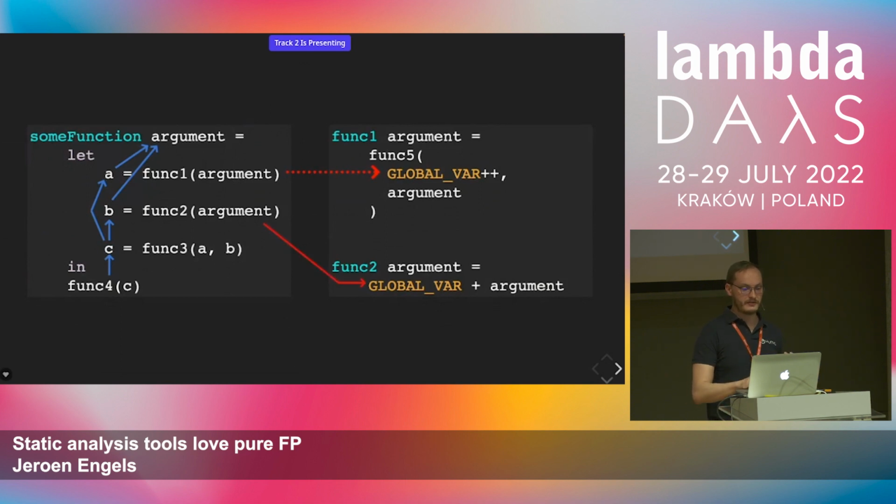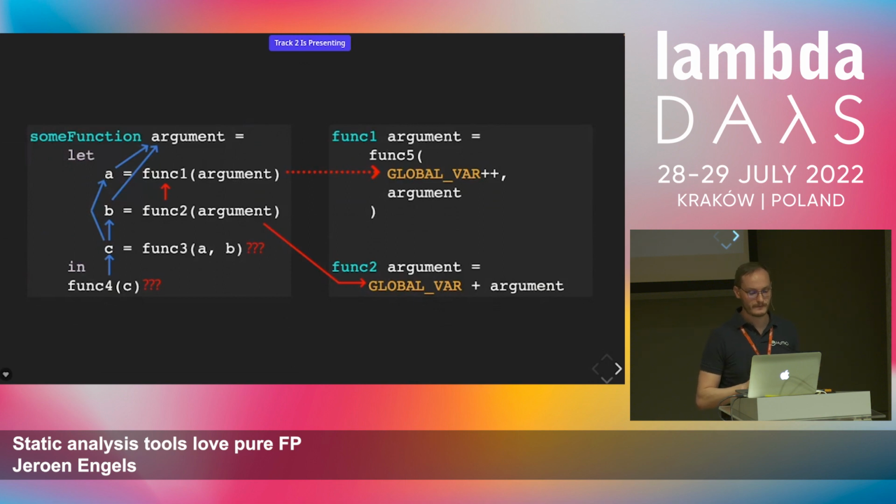And we also see that func2 references that same variable, meaning that the return value of func2 depends on func1 implicitly. And that means that the value of B depends on func1 being called, which is not very explicit. And if we don't look at func3 or func4, well, maybe we have more of these hidden dependencies, maybe we don't.